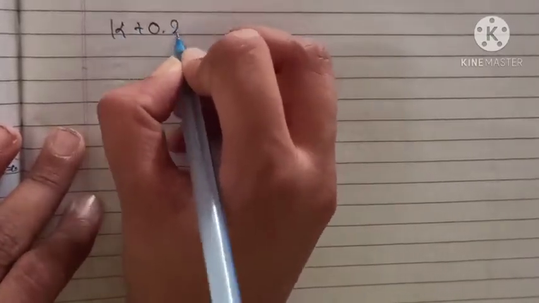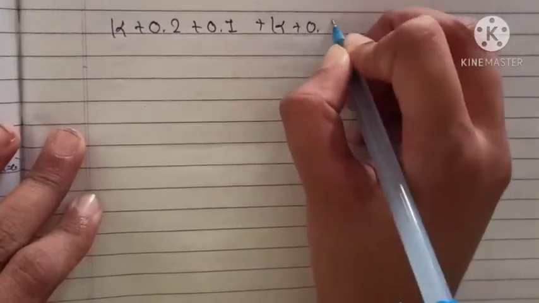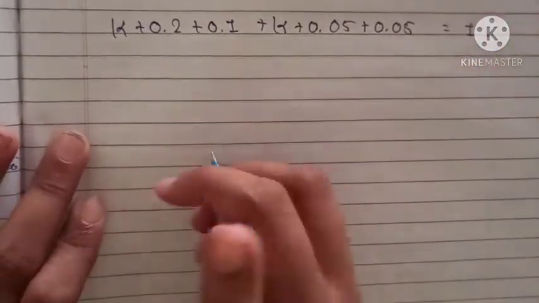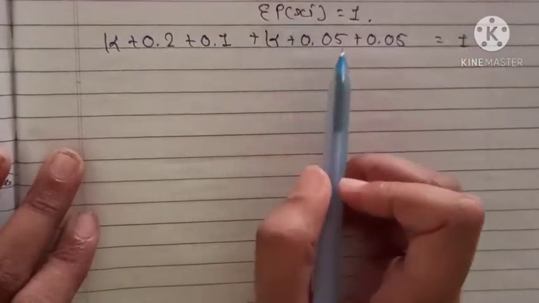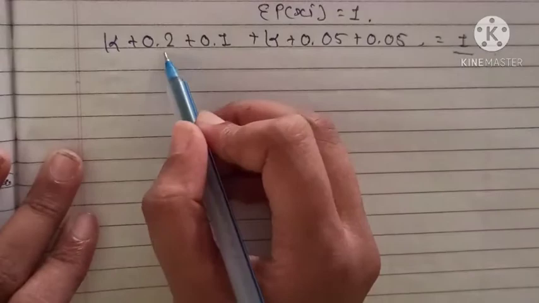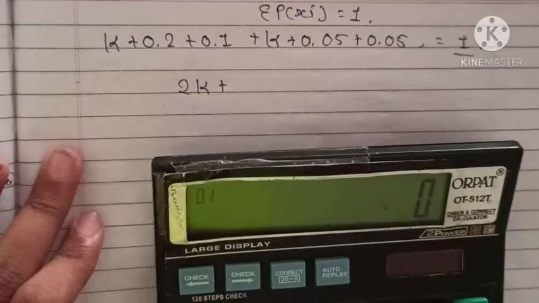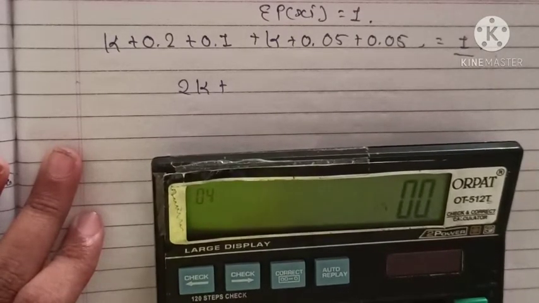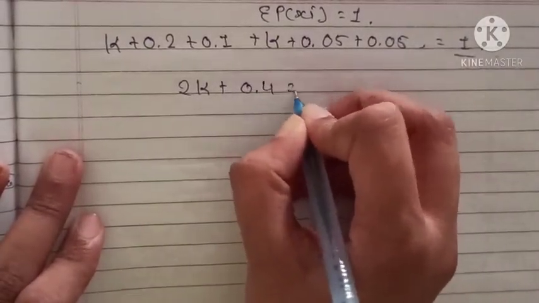k plus 0.2 plus 0.1 plus k plus 0.05 plus 0.05 is equal to 1. So sigma pxi is equal to 1. That is, the total of all the probabilities will always come 1. So let's total it. 2k plus 0.2 plus 0.1 plus 0.05 plus 0.05, that is 0.4, is equal to 1.